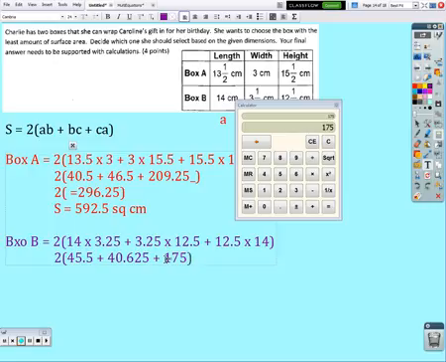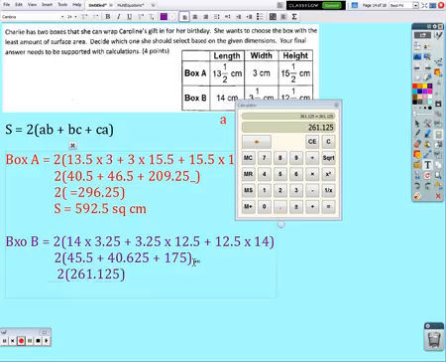Add them. So let's do 175 plus 40 and 625 thousandths plus 45.5 equals 261 and 125 thousandths. So it becomes 2 times 261 and 125 thousandths.